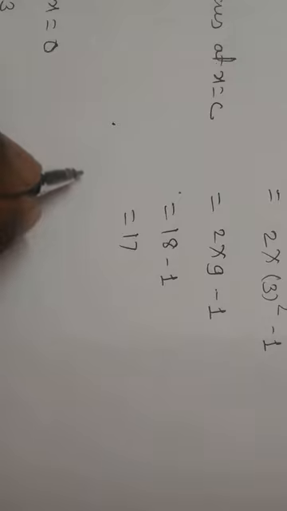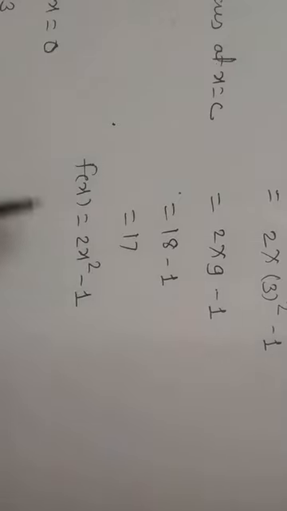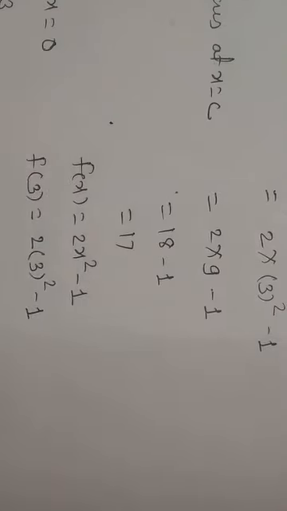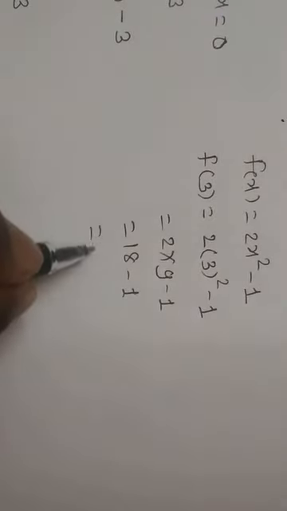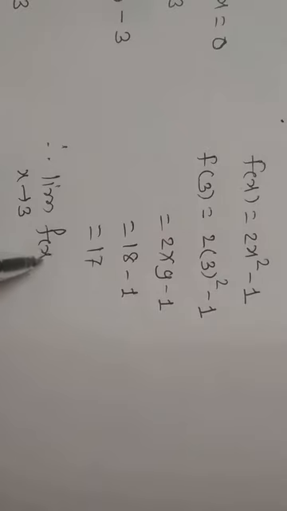Now also, as f of x equals 2x square minus 1, f of 3 equals, replacing x with 3, 2 into 3 square minus 1, that is 2 into 9 minus 1, equals 18 minus 1, which is 17. Hence limit x tends to 3 of f of x equals f of 3.